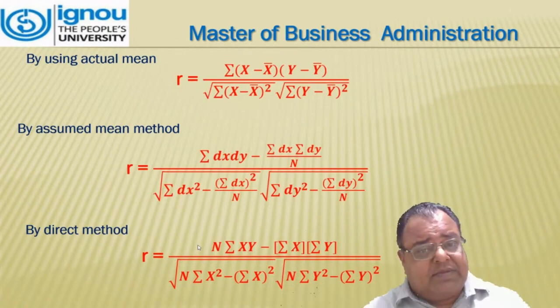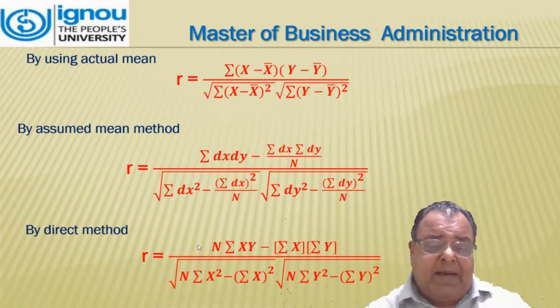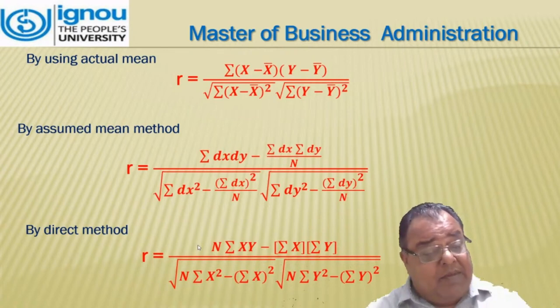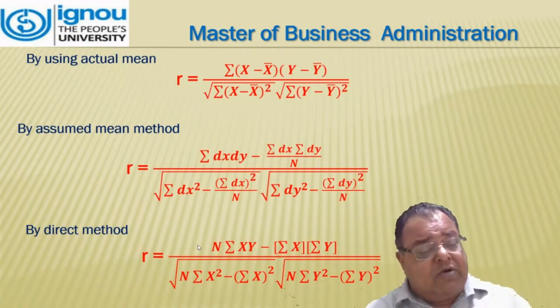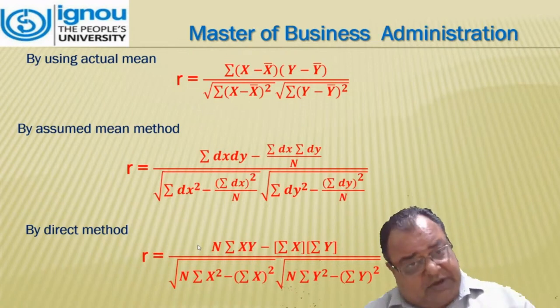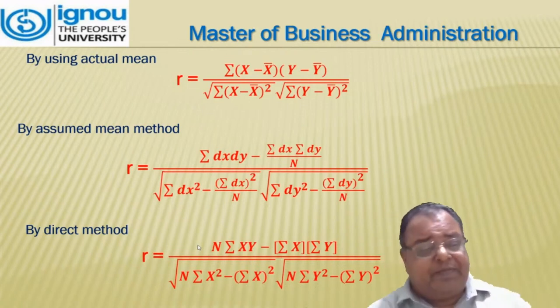So in that case, x bar is the mean of x, y bar is the mean of y. We will be applying the formula R equal to summation of x minus x bar times y minus y bar divided by under root of summation of x minus x bar whole square. This is for x, similarly for y.